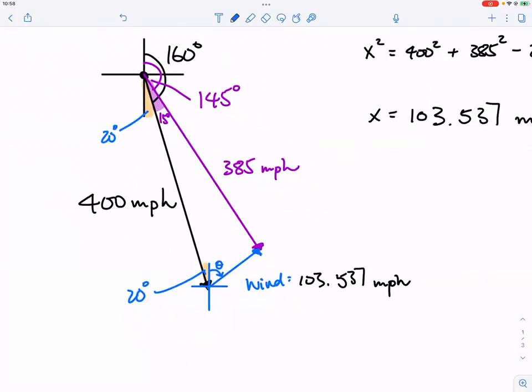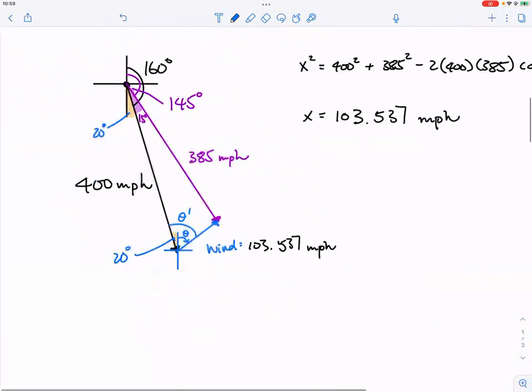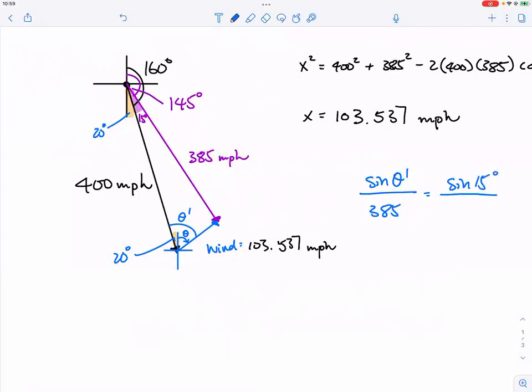So let's call this angle theta prime. All right, and say sine of theta prime over 385 is equal to sine of 15 degrees over 103.537.